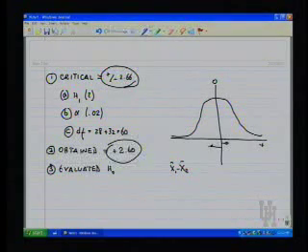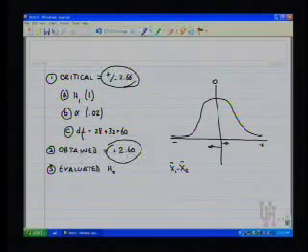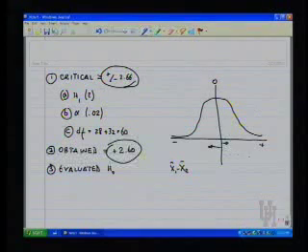To the extent that we depart towards the negative end of the distribution, that indicates that x bar 1 is less than x bar 2. Well, we know from the data that x bar 1 is greater than x bar 2. So our attention is focused on this side of the distribution.